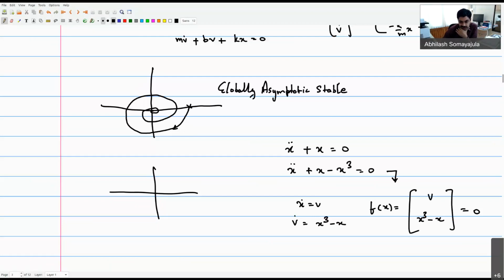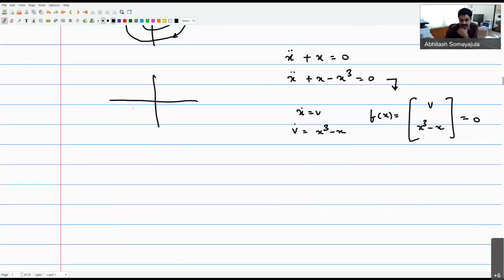Which means v is equal to 0 and x is equal to 0, plus or minus 1. So I now have 3 equilibrium points. The x comma v pairs corresponding to minus 1 comma 0, 0 comma 0 and 1 comma 0. So there are 3 equilibrium points precisely here.